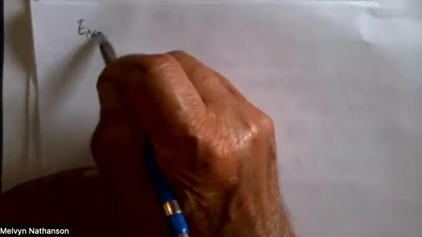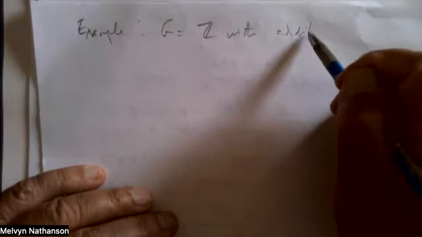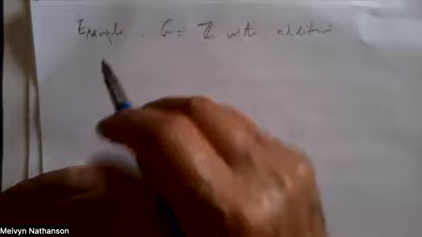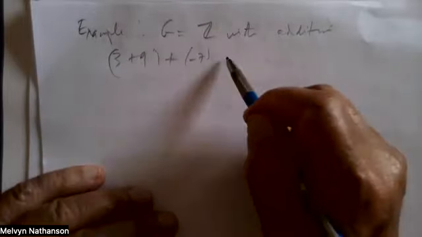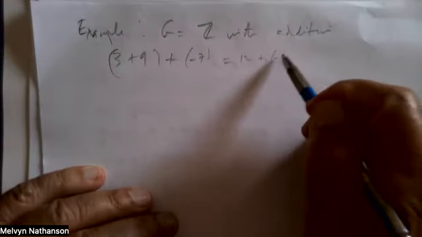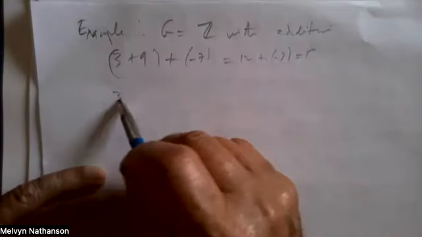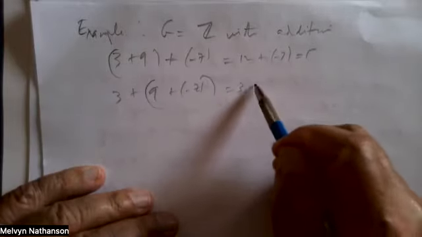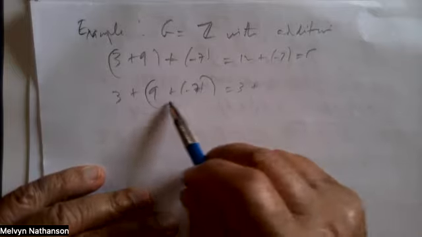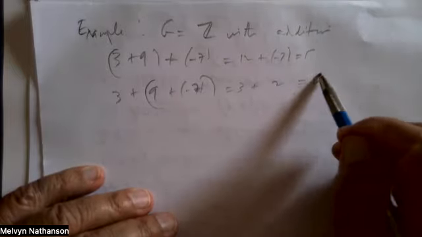The simplest example is G equal to the integers with the binary operation of addition. So 3 plus 9, plus minus 7: 12 plus minus 7 is 5, and 3 plus the quantity 9 plus minus 7, which is 3 plus 2, is also 5.